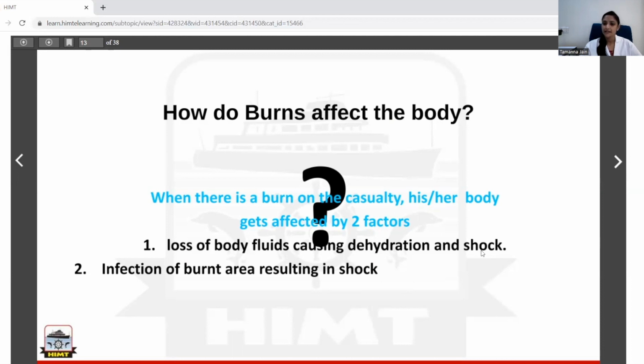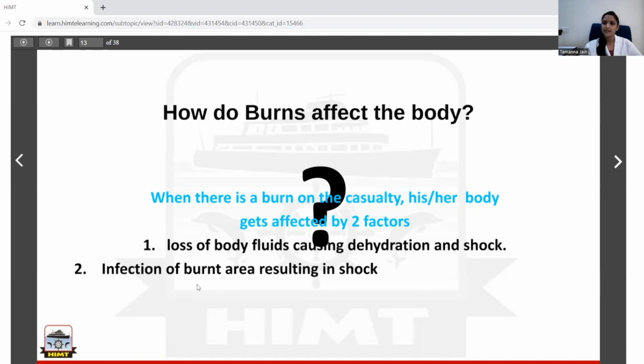Shock is again a medical term, which means that oxygen level reduces. There are chances that a person can become unconscious. When oxygen level is reduced to the brain and heart, the person becomes unconscious. It is again very difficult to treat an unconscious person. We don't want that stage to occur, so we are preventing it by correcting dehydration.